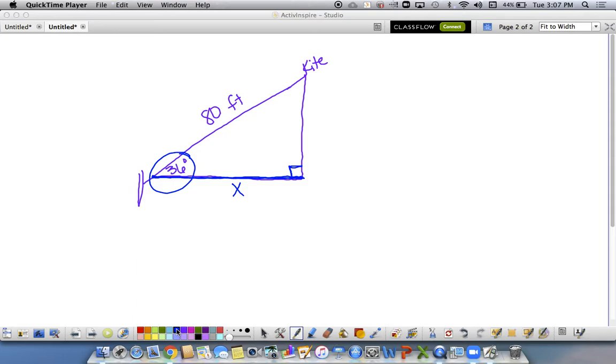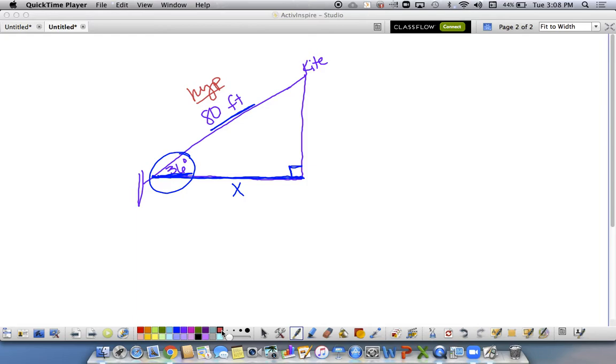No, we don't. Looking at this angle that's 36 degrees, what am I given? What is that 80 feet? Is that the hypotenuse? Yes, it is. What about what we want? What is this x? Is it the opposite? Is it the adjacent?